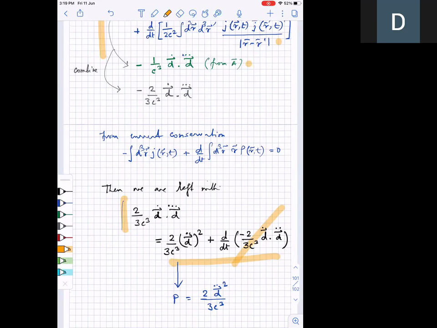So this explicitly shows that it's not only that there's a field outside at some position such that I can calculate the Poynting vector and find out that that is the energy flowing out, but that the Poynting vector, that energy, is actually coming out of the work that is being done locally by the charges. Okay.